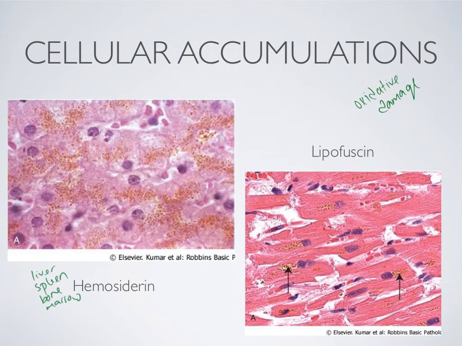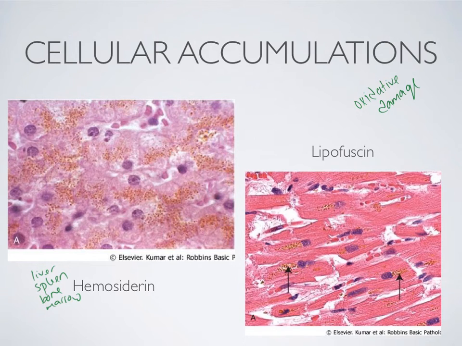And then some other ones, carbon. In people who are smokers or who work in coal mines, and you get a lot of dust in the lungs, the macrophages will ingest those carbon particles or other particles, but then they just hang out in the macrophages.